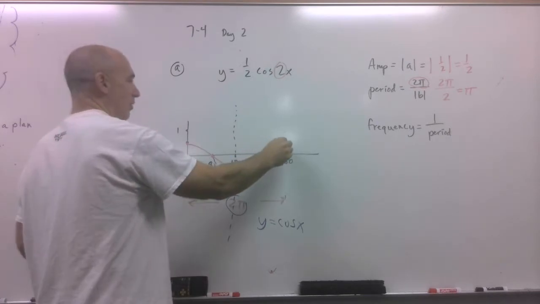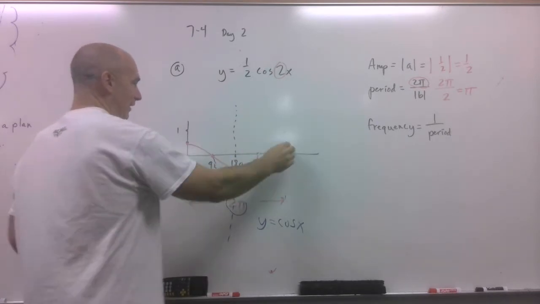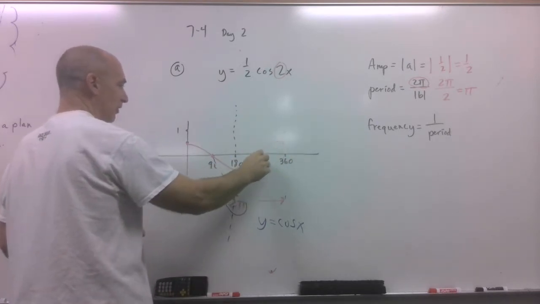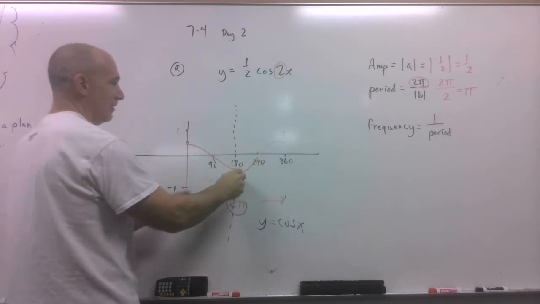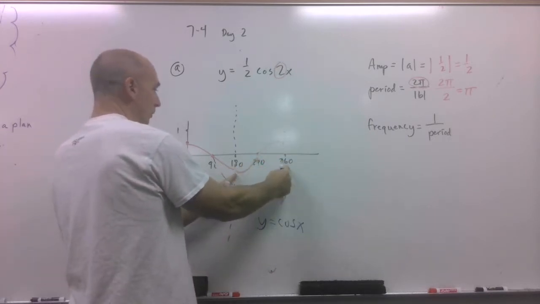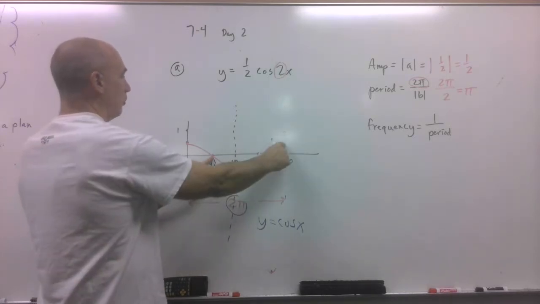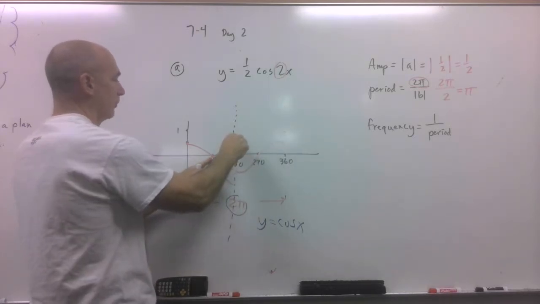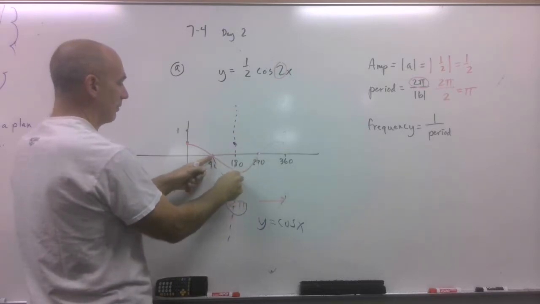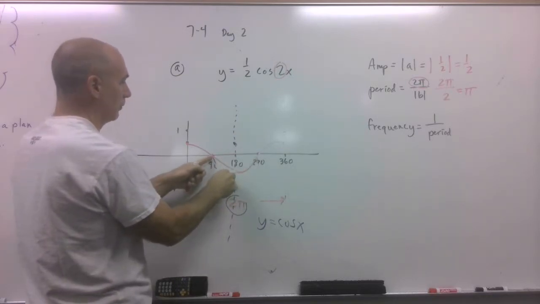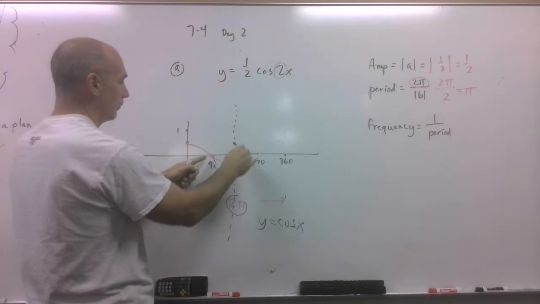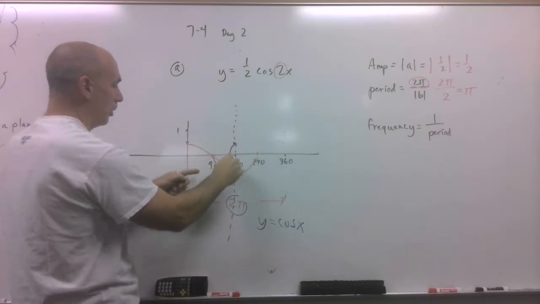So let's talk about this half. It needs to go from 1/2 through 0 down to -1/2 in this half of the window. That half of the window is now right here. So this point slides over here. This point slides over here. And then I've kind of got the look of that half.